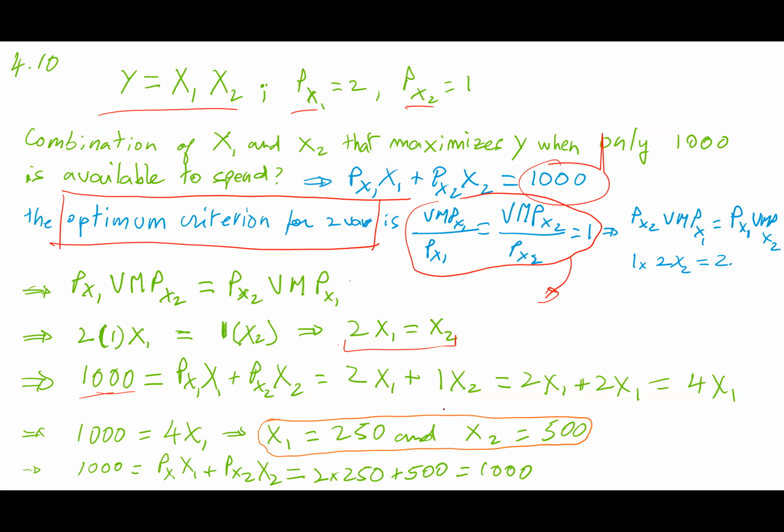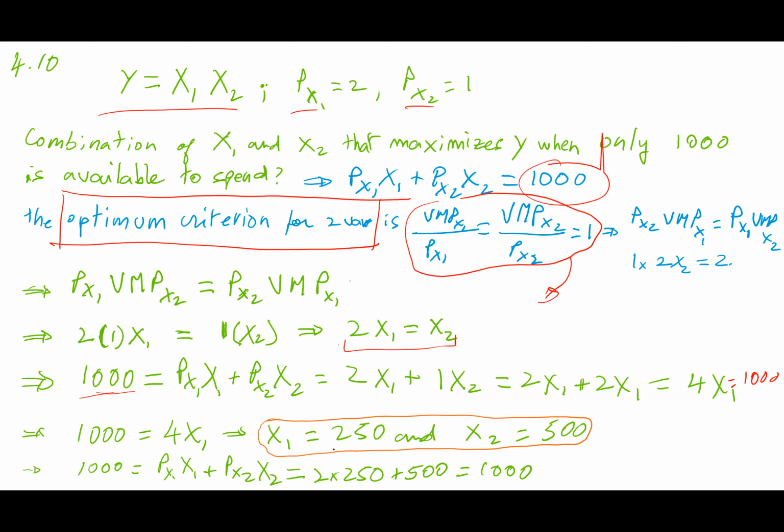And so we set that up: price of 1 times x1 plus price of 2 times x2 equals 1,000, always. And so 1,000 equals 4 x1, and given that, I can find x1 is equal to 250, because 1,000 divided by 4.